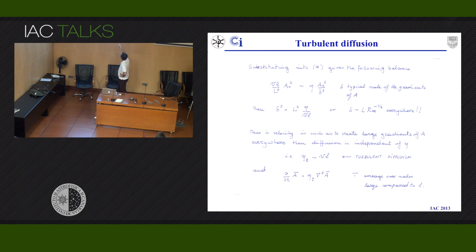The delta has to be L times Rm to the minus 1. But it has to be Rm to the minus 1 in such a way that when I average it, it remains there. In other words, it has to be Rm to the minus a half everywhere. Okay?